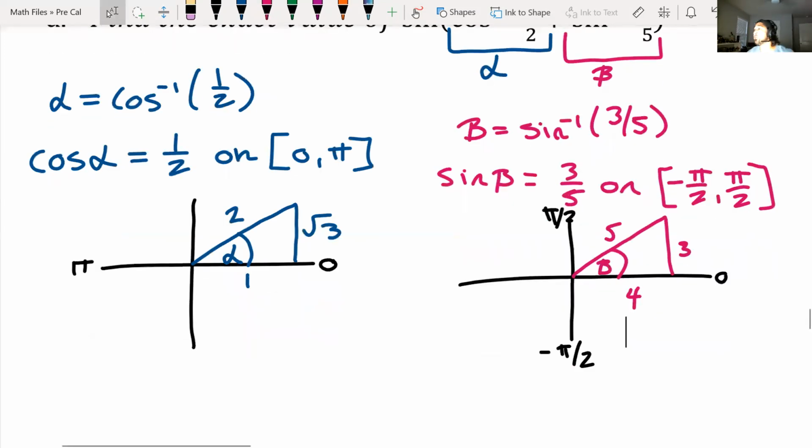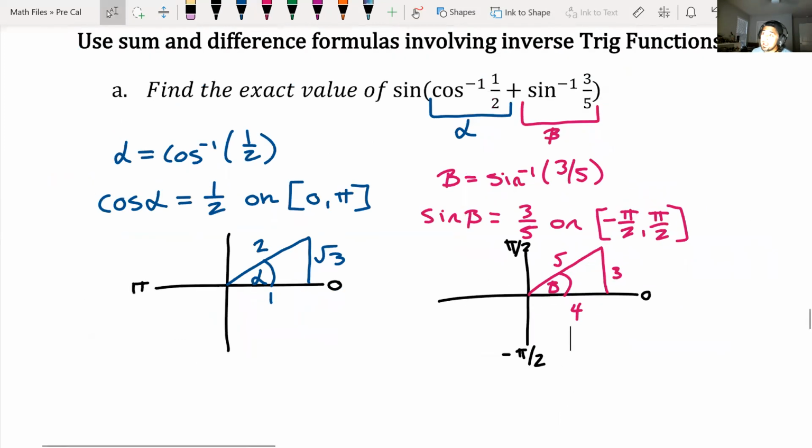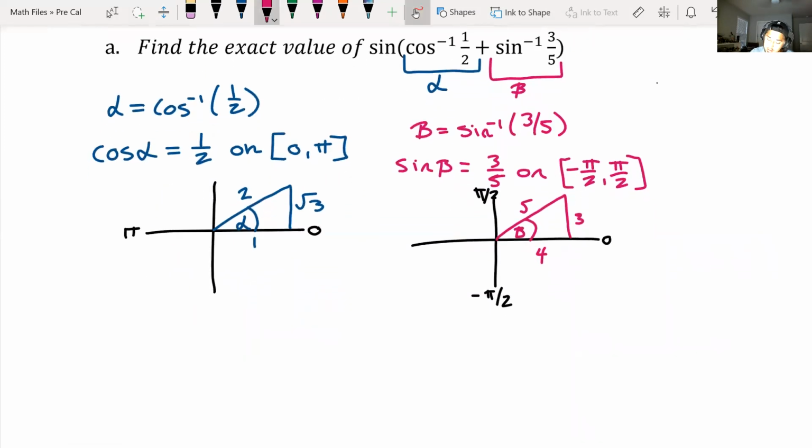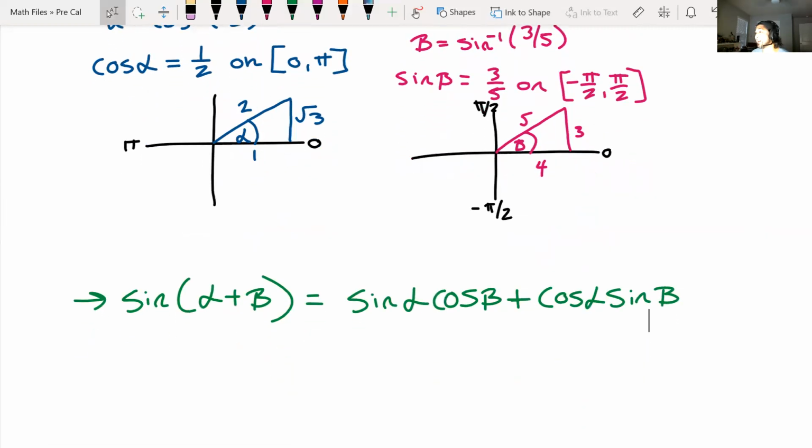That's all the information for alpha and beta, which means we come back to our substitution. And now if you look at the above, this now becomes sine of alpha plus beta. Now alpha and beta are these right triangles in their correct quadrants, which means we now use the sum formula. For sine, you get sine alpha times cosine beta plus cosine alpha times sine beta. And looking at our triangles, what is the sine of alpha?